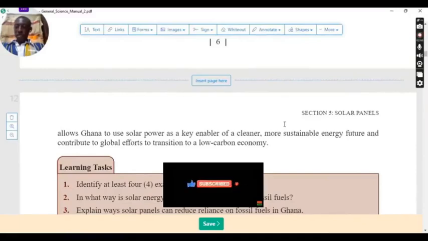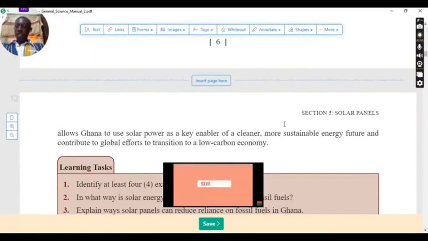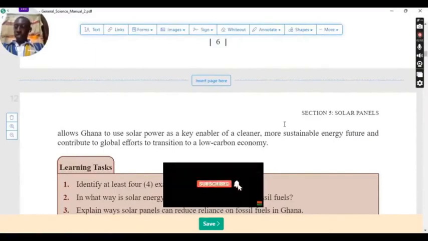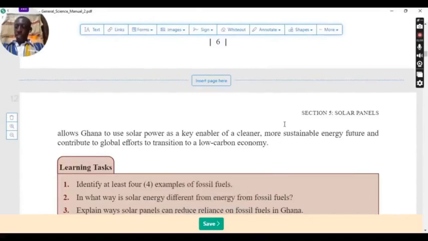Alright. But this is just an example for you to understand how to populate. Okay. Like I was saying, it is not always that you must have 2 lessons. You may have more than that, depending on your choice. So you must know how to populate it, so that if you want to split lesson 1 into 2, you can do so. If you want to split lesson 2 into 2, you can do so with ease.